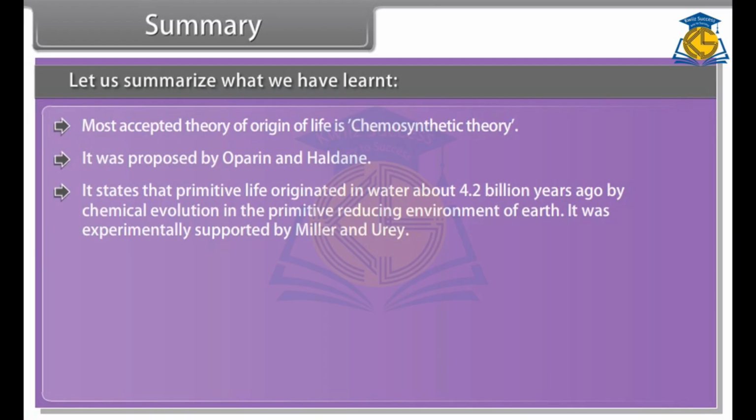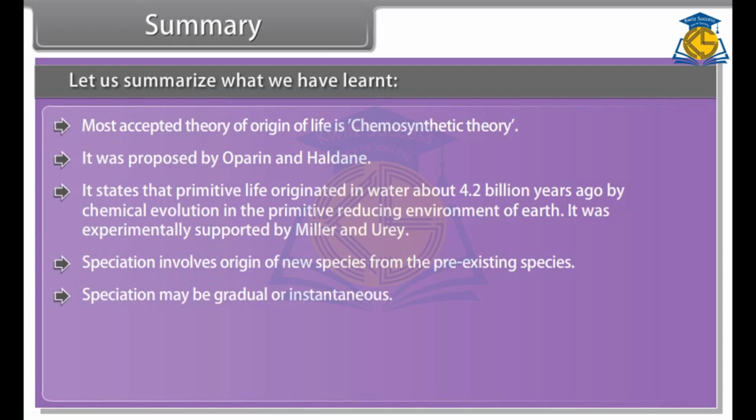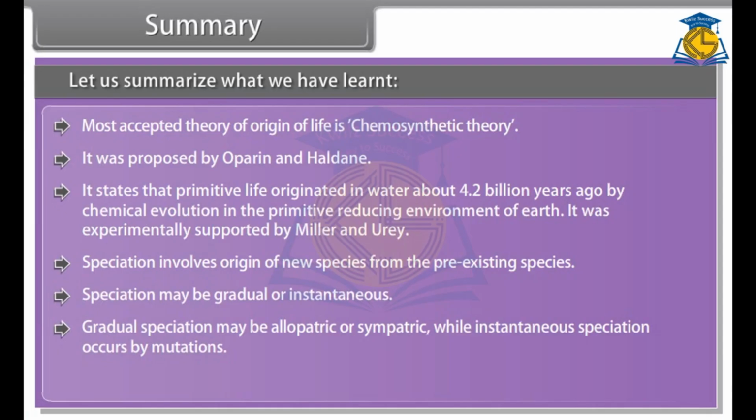It was experimentally supported by Miller and Urey. Speciation involves origin of new species from the pre-existing species. Speciation may be gradual or instantaneous. Gradual speciation may be allopatric or sympatric, while instantaneous speciation occurs by mutations.